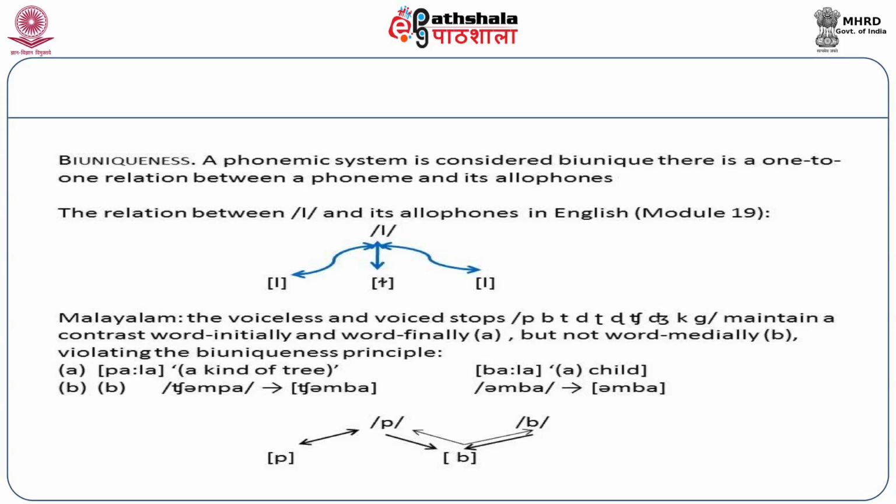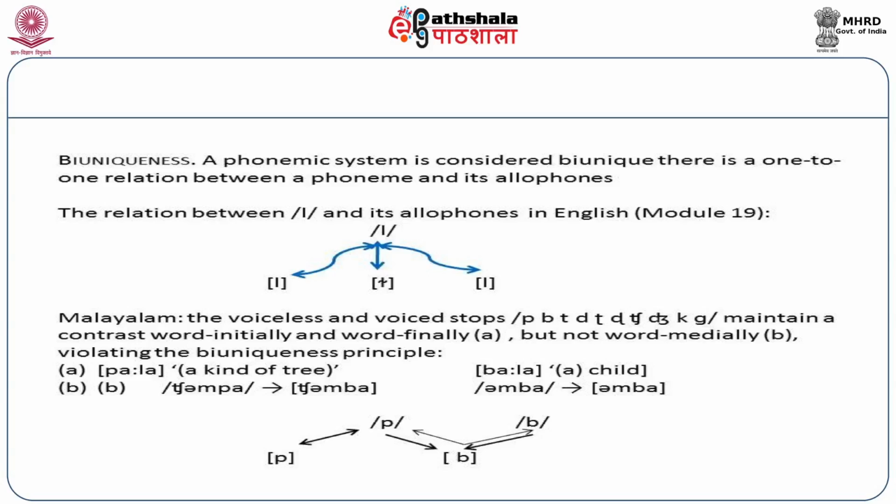Champa is pronounced as Chamba, and Amba is also pronounced as Amba. Looking at ba, it is not possible to tell whether the ba comes from ba or the ba comes from pa. The distinction between them is expressed in terms of the figure that you see on the screen.